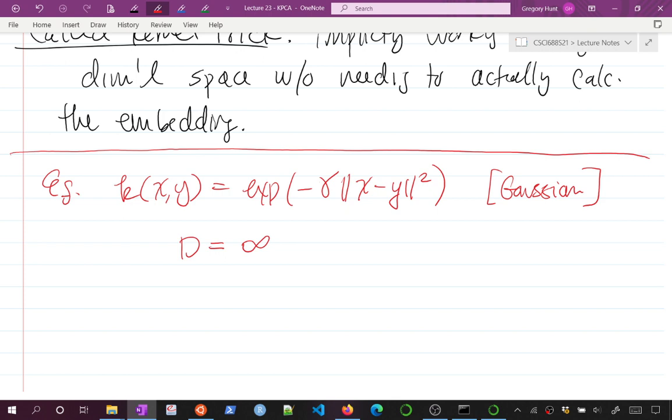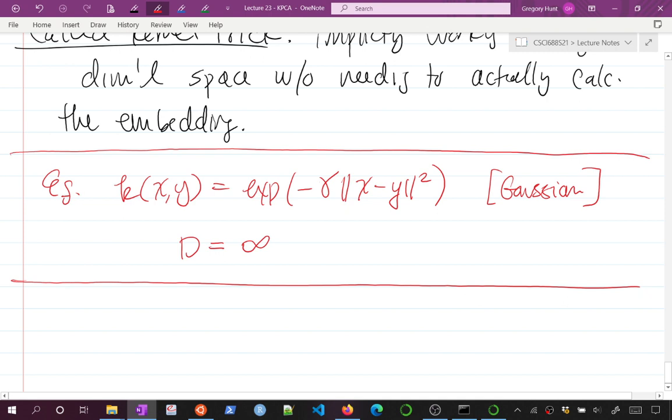So this Gaussian is basically projecting your data into an infinite dimensional embedded space, and then picking a finite dimensional subspace. So you could not calculate the embedding if you wanted to, because it is an infinite dimensional space. And so this is incredibly powerful.